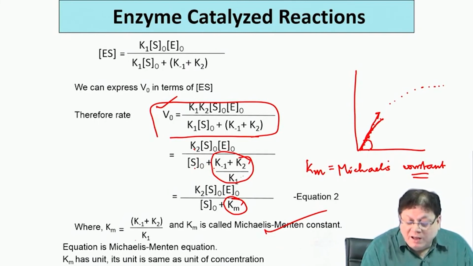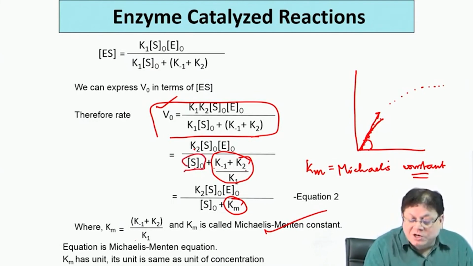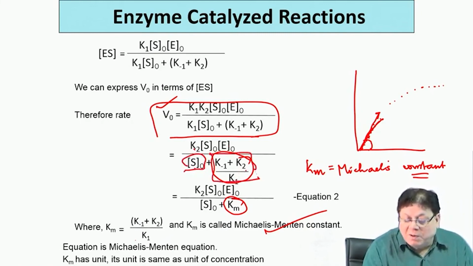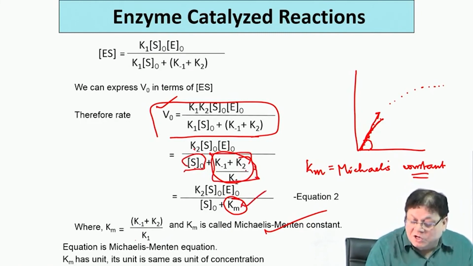So, overall it gets a unit which is a unit of concentration, because you have to ultimately add a concentration to this part. Km has to be in concentration unit, otherwise how can you add one concentration which is S and the Km.